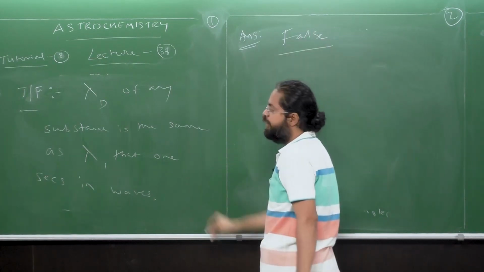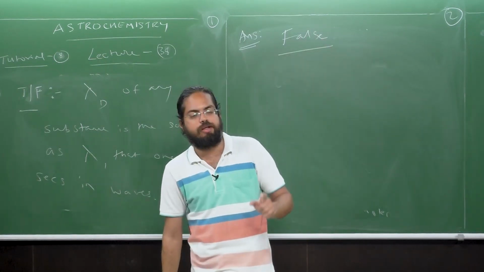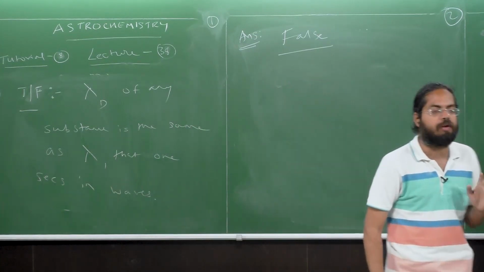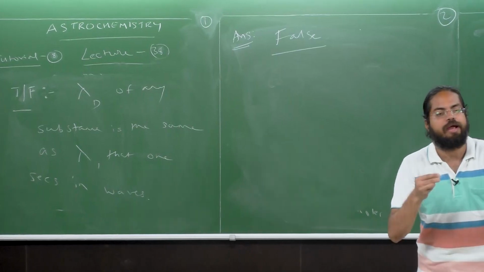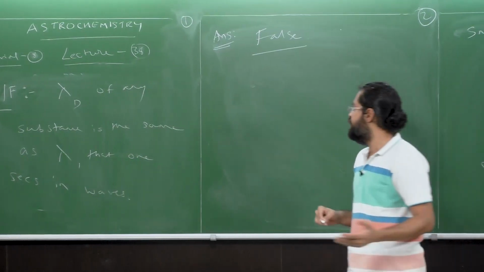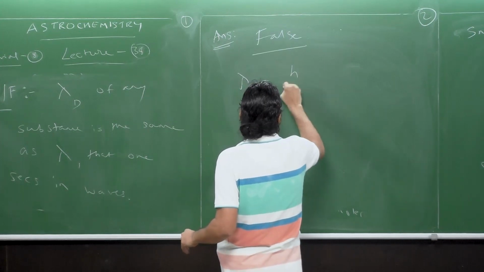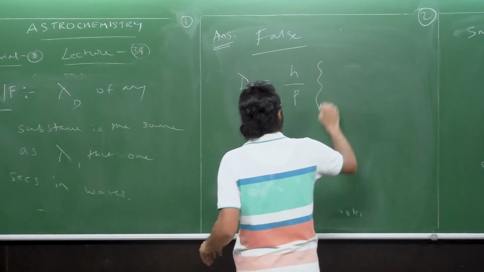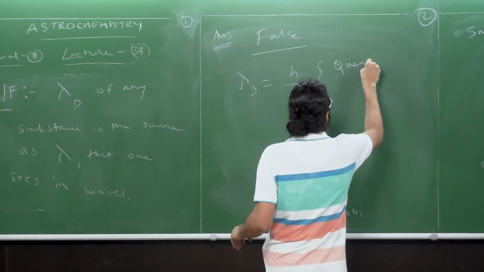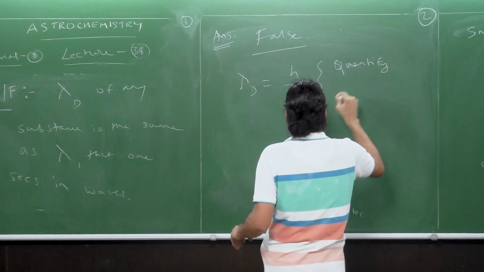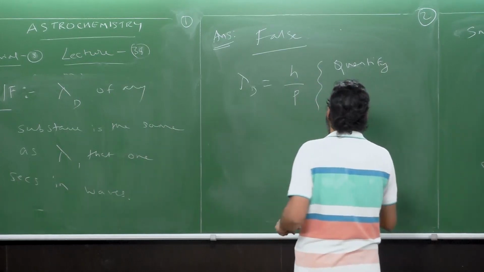Please note that the de Broglie wavelength was specifically designed for the purpose of quantifying the wave-particle character. That is, lambda d, which is given by h over p, is designed to quantify the extent of wave-particle duality.